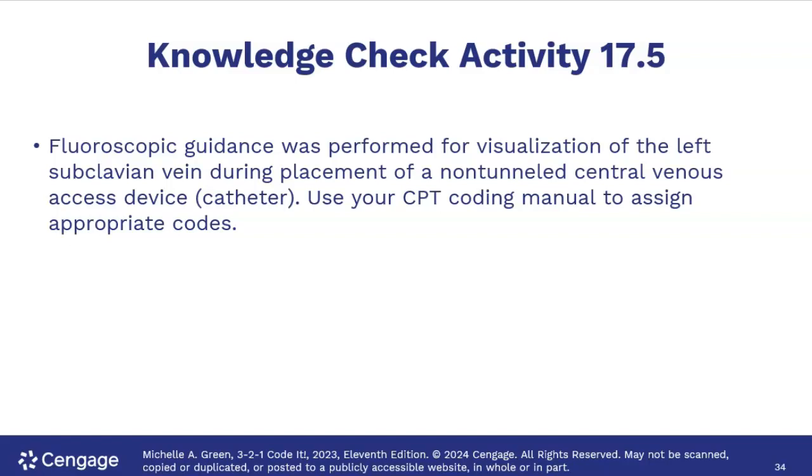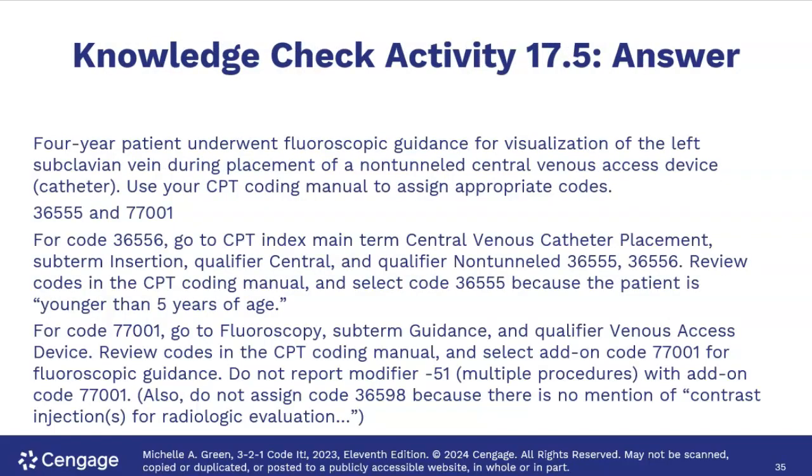Use your CPT code to manually assign appropriate codes. And here you go. This kind of helps you out. As you can see, we are using the 7000 code, but also with that, we need a surgery code too. And a lot of times when you look these up, they will put you in the right direction of what other code you need.